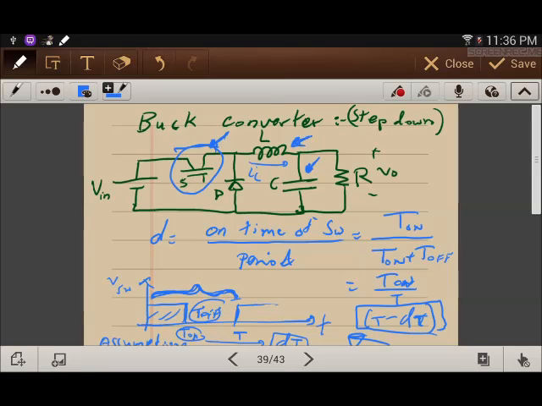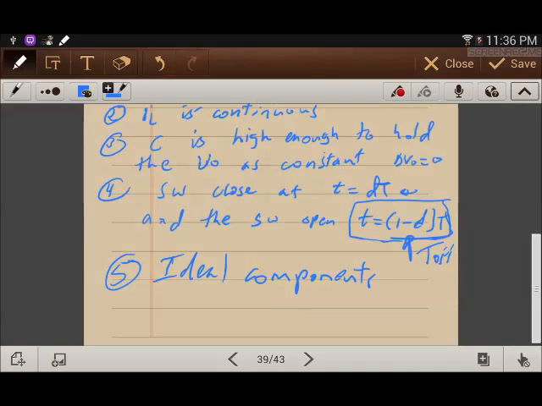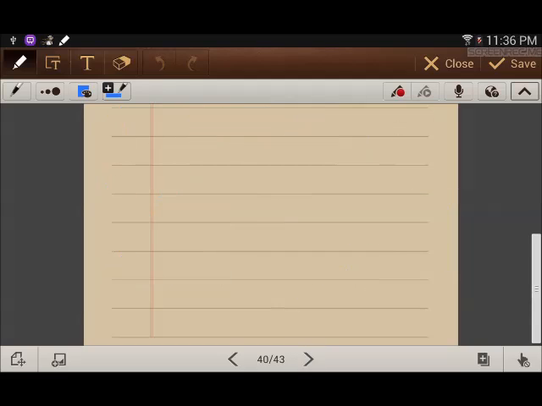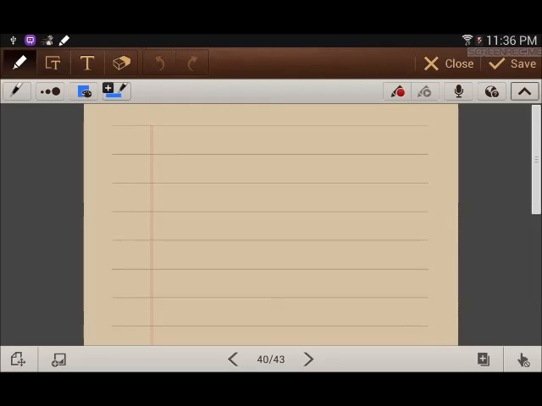These are ideal components. We don't have any losses in the system. So now I will start analyzing the circuit after these assumptions.